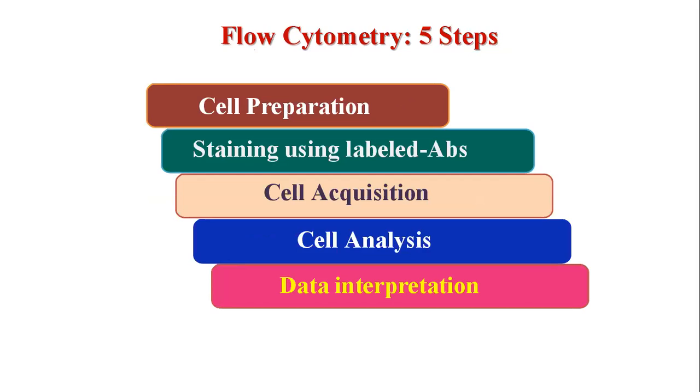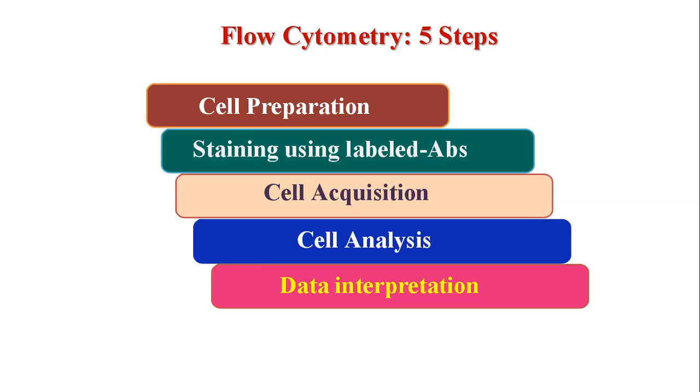And now, what are the steps? How to carry on this process? So step 1, that is preparation of cells. You have to prepare the cells such that there will be no clumping. That we have to take care of, that there should not be clumping of cells. Next one is the staining.